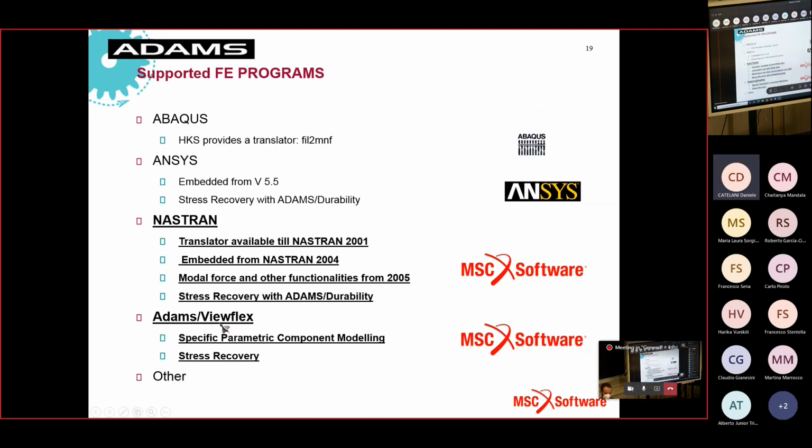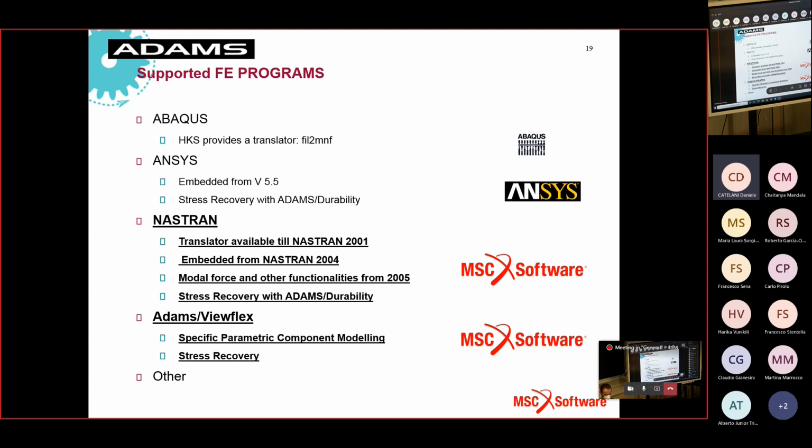There is also the possibility to perform the creation of a flexible body directly in Adams. Using a module called ViewFlex, you have Nastran or part of the Nastran solver in Adams, and you can switch a rigid body to a flexible one without the need to have an external finite element code.